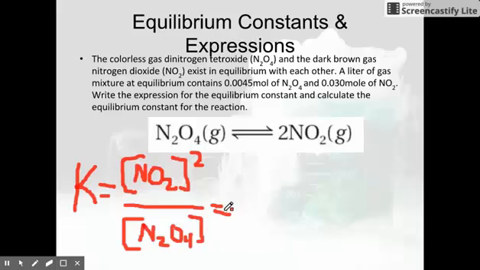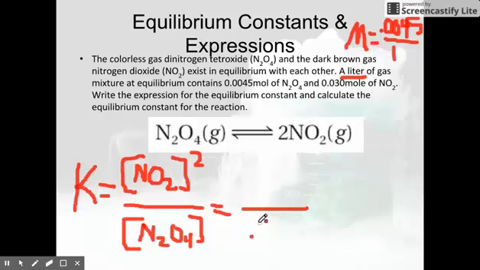Now we want to plug in some values. Because this is in a 1 liter solution, our concentration we would have to calculate, which is just going to be the same, 0.0045 moles divided by 1 ends up being the same number. So we'd plug that on the bottom, 0.0045.